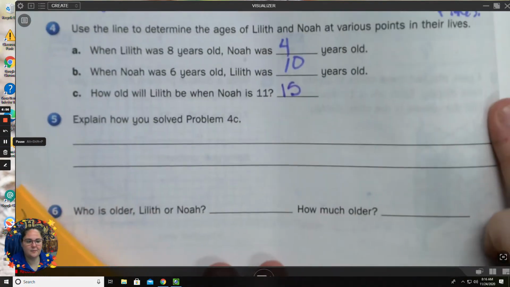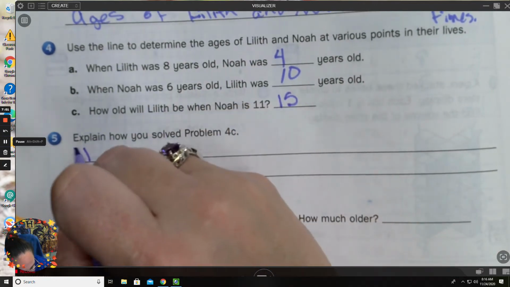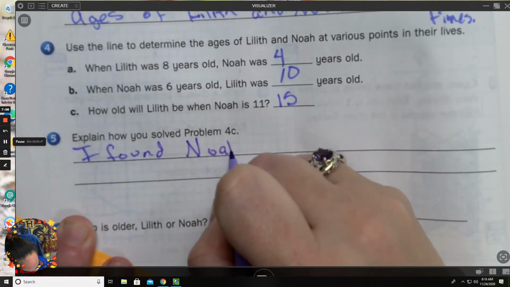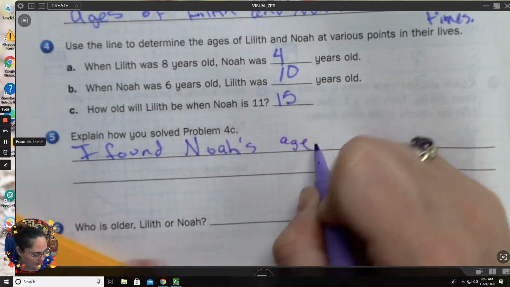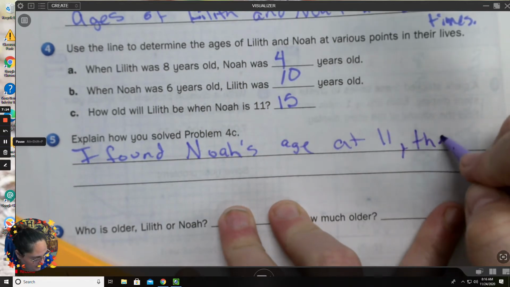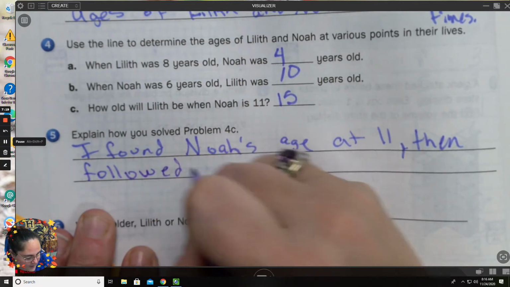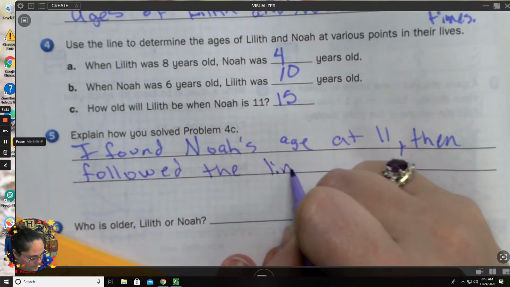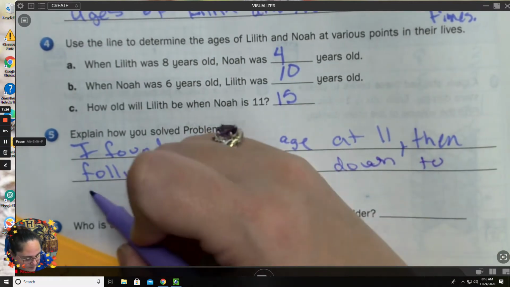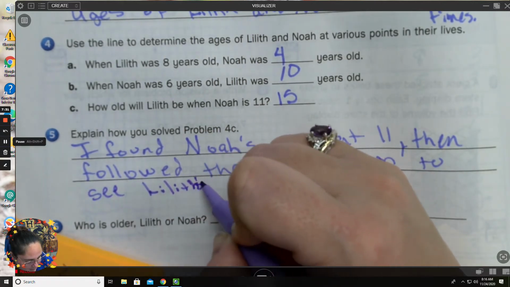Explain how you solved problem 4C. So for this one, I found Noah's age at 11, then followed the line down to see Lilith's age.